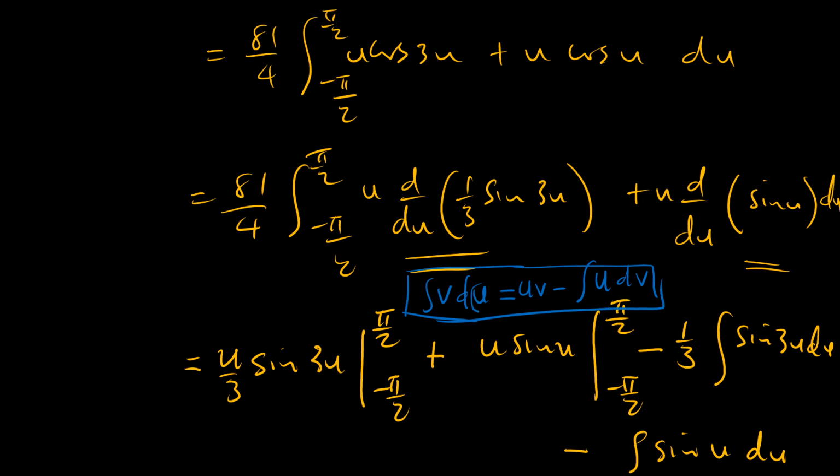And so here, in this instance this was u, and in this instance this was u. And that's why we had uV here and uV here for the second integral. Then when you differentiate u with respect to u, it goes to 1, and we are left with the capital V, which is a third sine 3u and sine u down here.